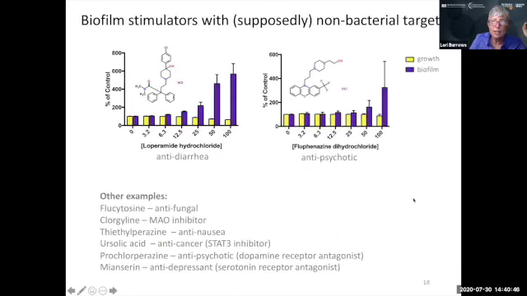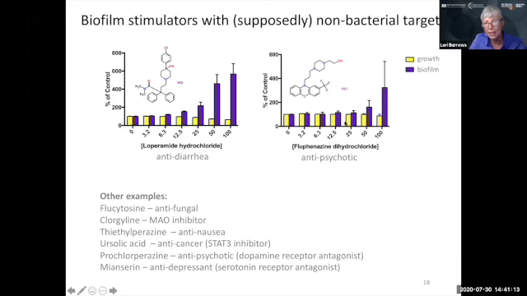So we've even seen biofilm stimulation with compounds that are supposedly not even aimed at bacteria at all. These are two examples. Loperamide is Imodium, an anti-diarrheal drug that causes biofilm stimulation in bacteria. Fluphenazine is an antipsychotic drug. Again, we see the stimulation of biofilm.